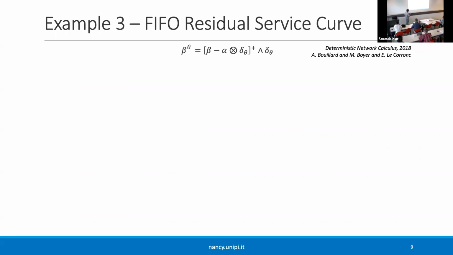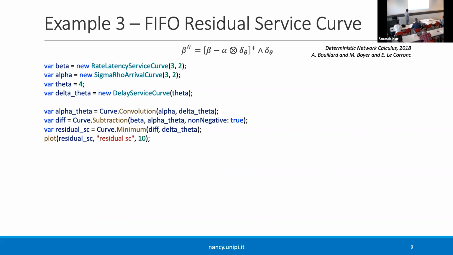So this is a FIFO residual service curve, and here is the code that directly maps it. I expect this to look weird. But what's happening here is that I want to underline this convolution operation that directly implements this convolution up here between alpha and delta theta.